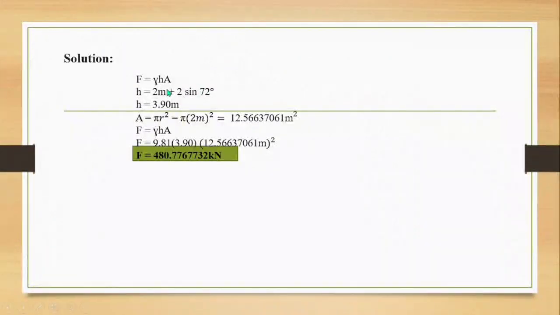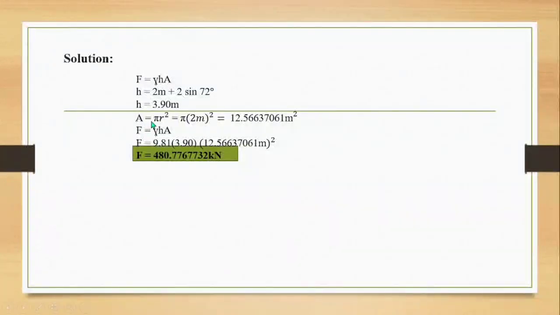hydrostatic force equals to specific weight times energy added. So ang ato H equals to 2 m, mao na ato given, plus 2 sin 72 degrees. Calculate nato na ang ato makuha ang answer para sa H is 3.90 meter.